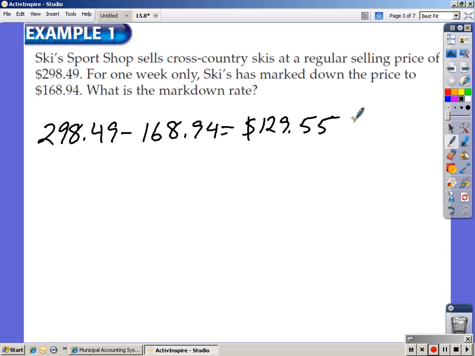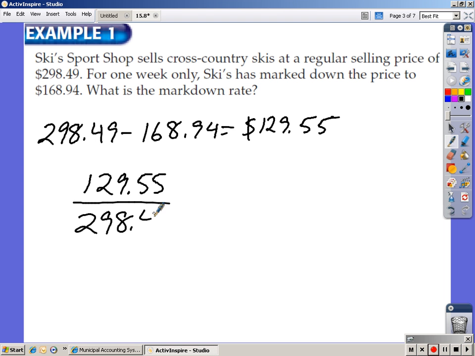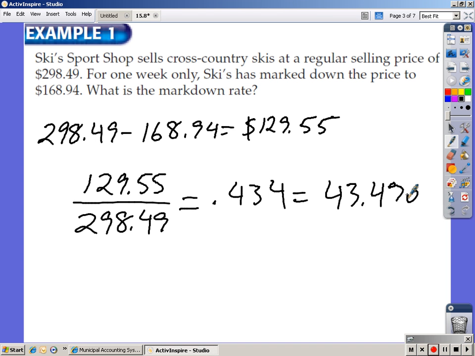Now, in order to find the markdown rate, take the markdown divided by the regular selling price, plug that in your calculator, and you should get 0.434, which is 43.4% markdown rate. All right, pretty simple stuff. Let's go ahead. Let's turn the page.